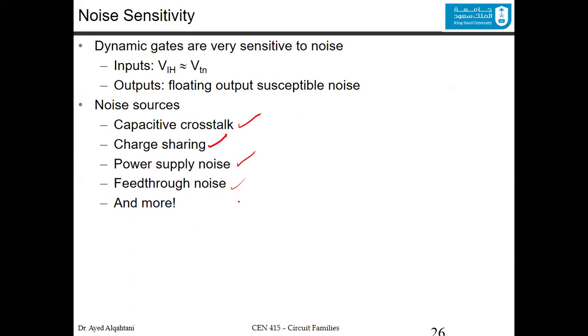So basically, what to do with the noise? If we have noise, what to do? If the noise doesn't cause errors for you, you simply ignore it. If it causes errors, now you need to tackle it, do something about it. Maybe if you can detect the error, you can correct it. And there are so many other methods.